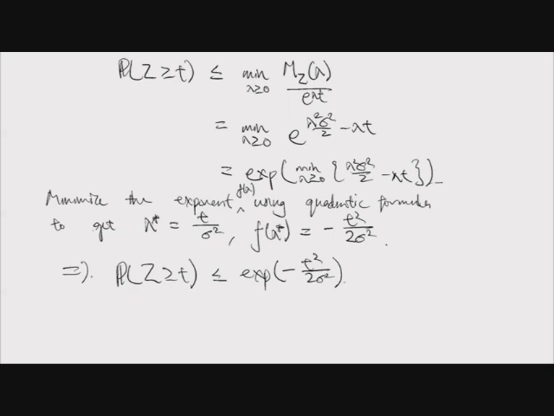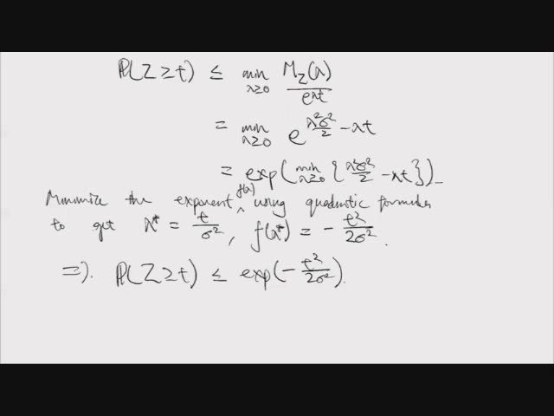And not only that, that was the density, and here I want an expression for the tail probability. So this is definitely going to be pretty tight. It's tight up to constants outside the exponential, and that's not too bad.